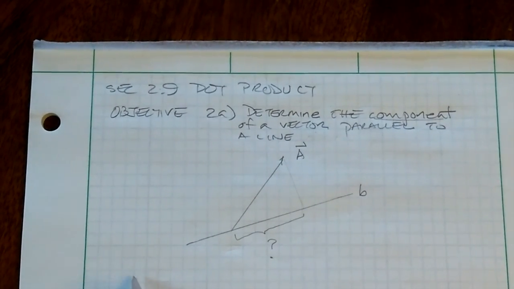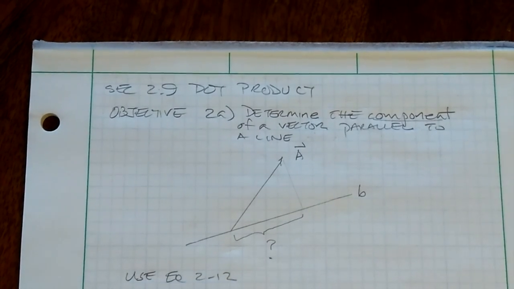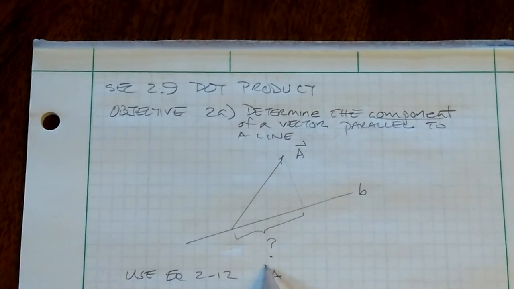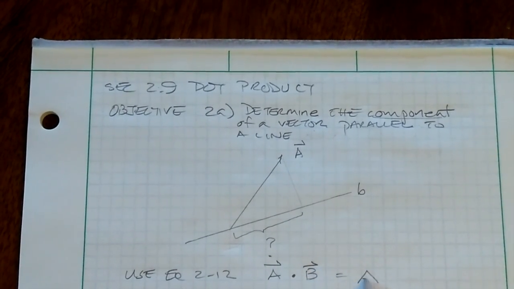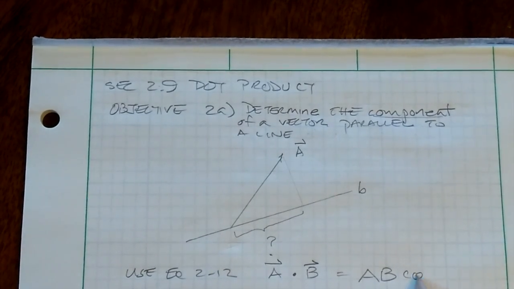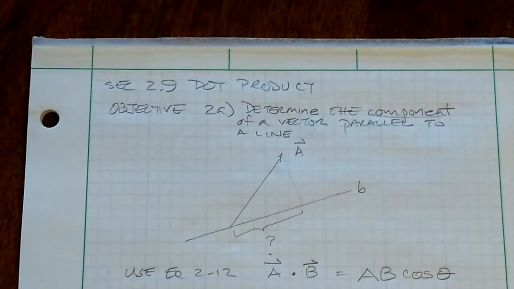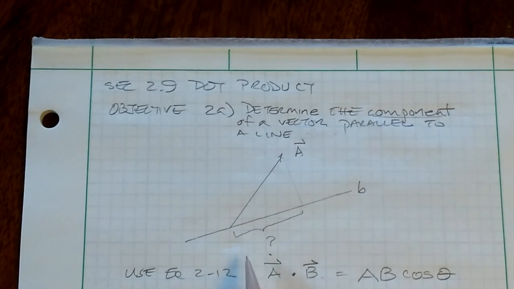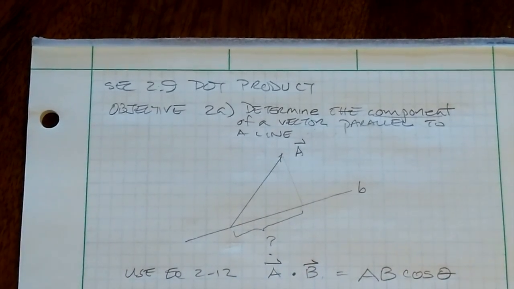In order to do this, we have to use equation 2-12, and that states that vector A dotted with any vector B is equal to the product of the magnitude of both vectors multiplied by the cosine of the angle between these two vectors. So for this problem, we have vector A, but what is the second vector?